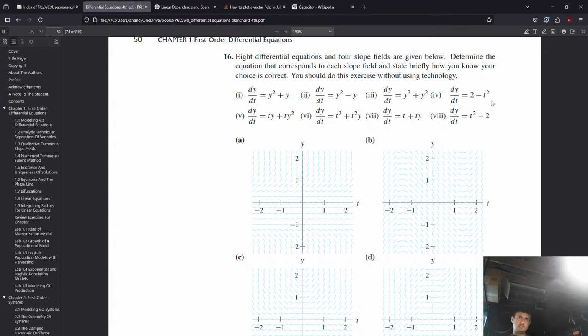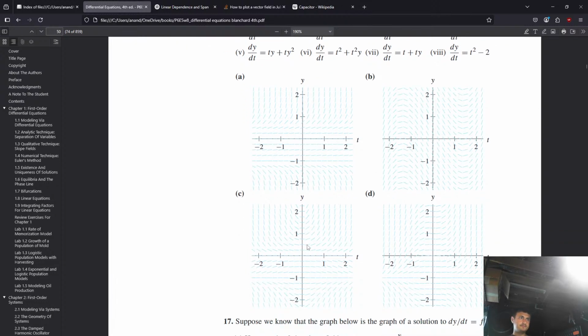Now, 2 minus t squared is going to be equal to square root of 2 minus t plus square root of 2 plus t. So if t equals plus or minus square root of 2, it should be like right there. Oh, wait. Yeah, I had this all wrong. Hold on.